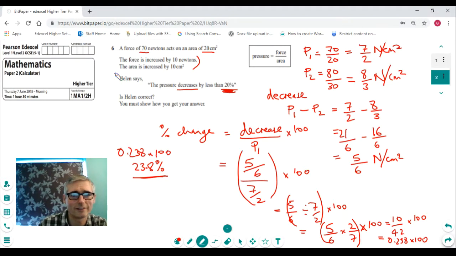So we can see that actually Helen is wrong. The pressure decreases by more than 20%. And to get all the marks in this question, if you look on the mark scheme, there'll be a communication mark. It's called a C on this one. You have to not just do the calculation, but answer the question: is Helen correct? And you say, no, she is incorrect.